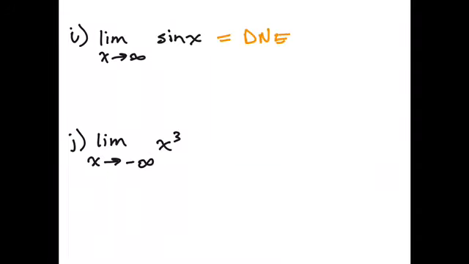No. And the same thing is going to be true of cosine, and the same thing is going to be true of tangent. These are periodic functions. They repeat themselves, so they're never going to have a horizontal asymptote that they approach, because they keep repeating a pattern and don't land on just one y value.